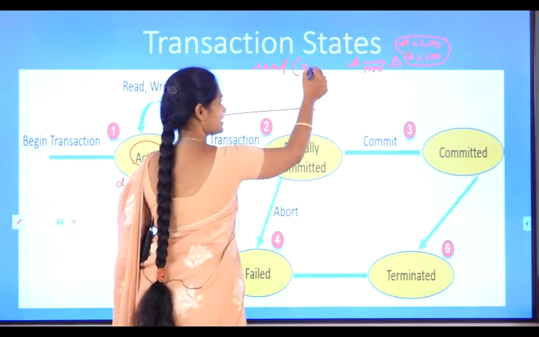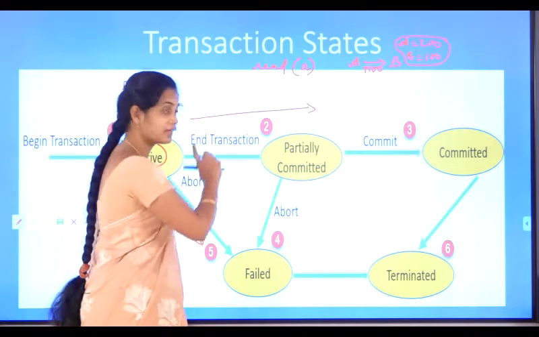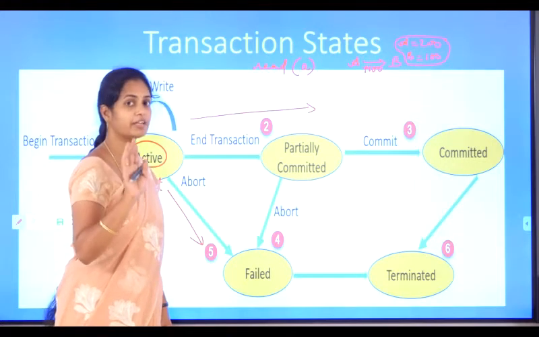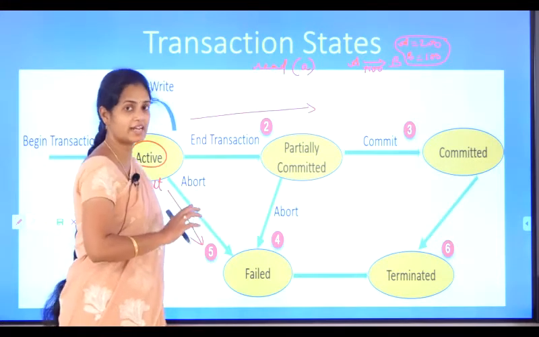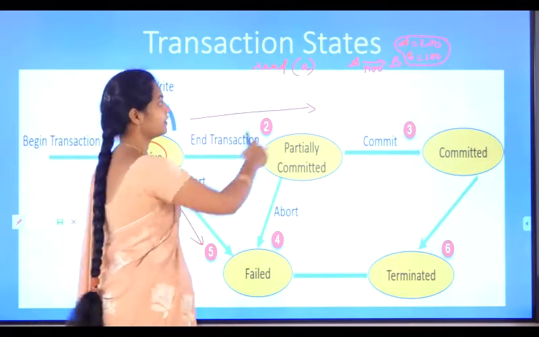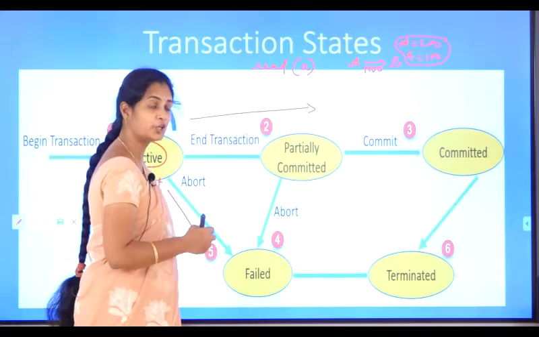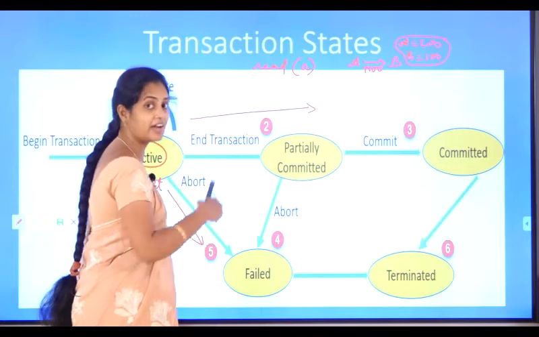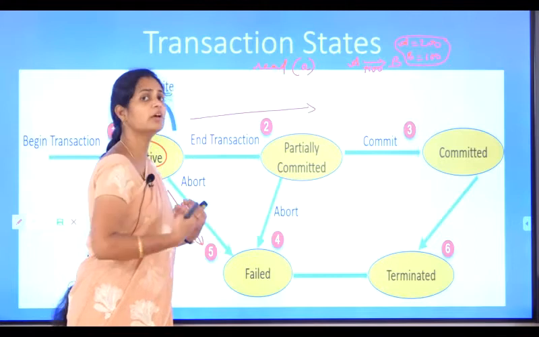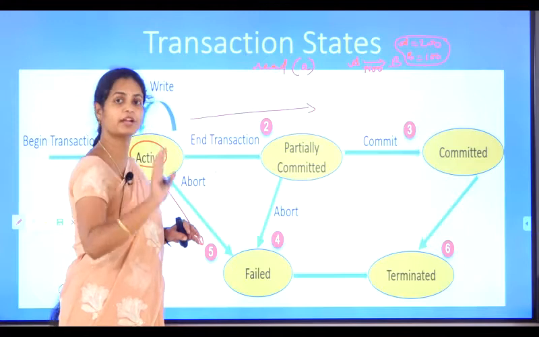What could the instructions be? First we need to access. How many operations do we have here? The first one is accessing, meaning reading. Read and write are the two important operations that we perform in a transaction. First we access the account details: read of A. Then you are giving 100 rupees to account B, so 100 rupees should be debited from your account.